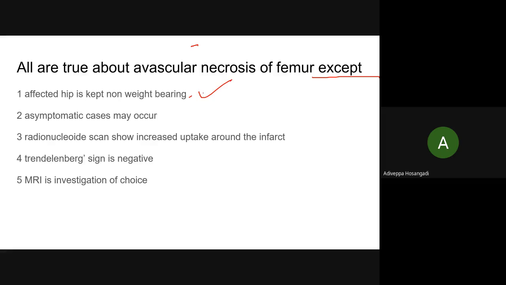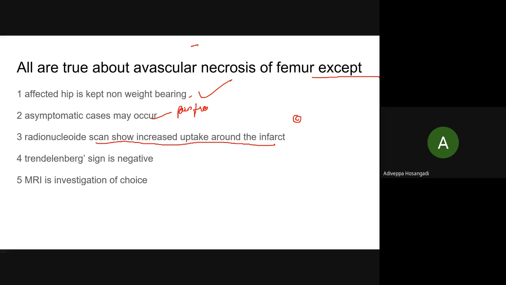Asymptomatic cases can happen. There can be pain free periods; the initial period is pain free. Radionuclide scan shows increased uptake around the infarct. Is it correct?